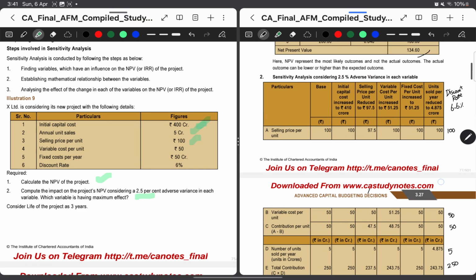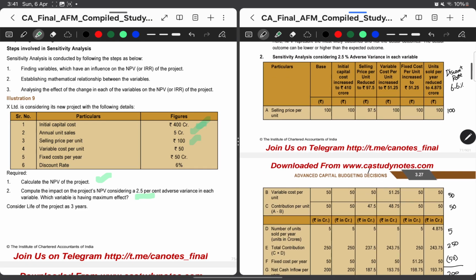As I've told, in Intermediate, in one of the RTP or MTP, I'm not sure which, they've considered discount rate as a variable. So I've done the same thing here, 6% plus 10%. Okay, sorry, here ideally we should take 2.5 percentage. I've taken 10 percentage. Sorry for that.